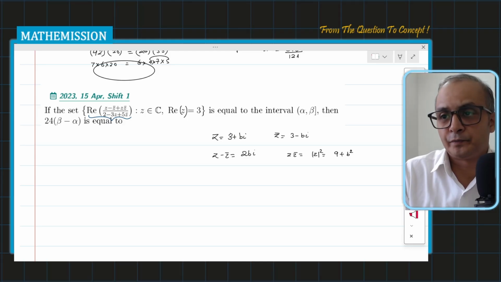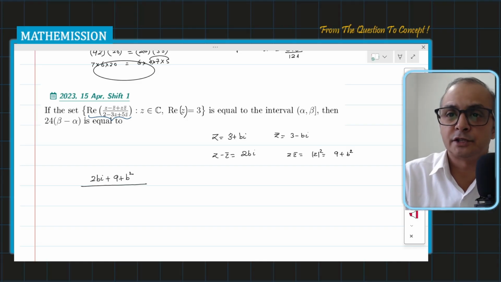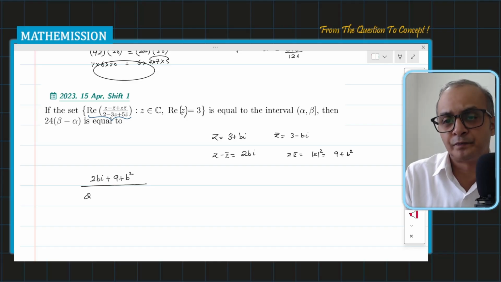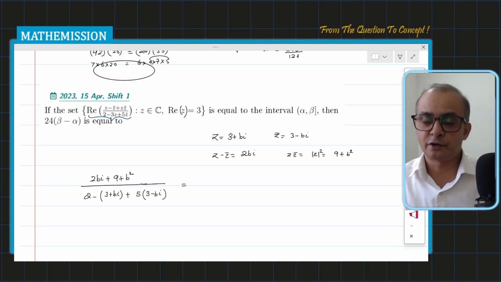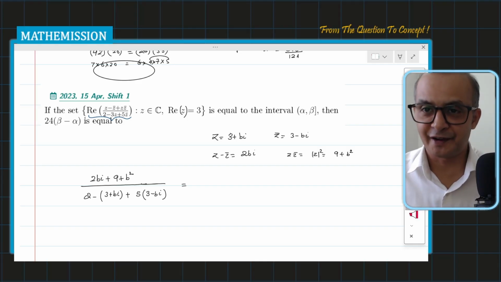So I have this is 2b iota plus 9 plus b square, divided by twice of minus 3z plus 5z bar. So let's calculate it. Minus 3z means 3 plus b iota, and 5z bar means 5 times 3 minus b iota. In the denominator we cannot do anything, we have to simplify it as it is.